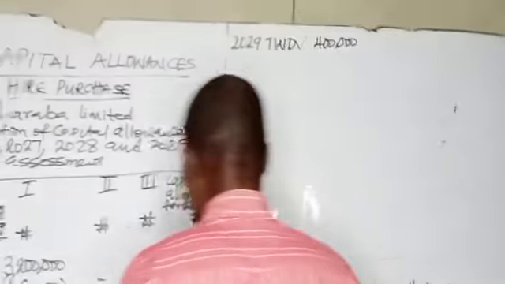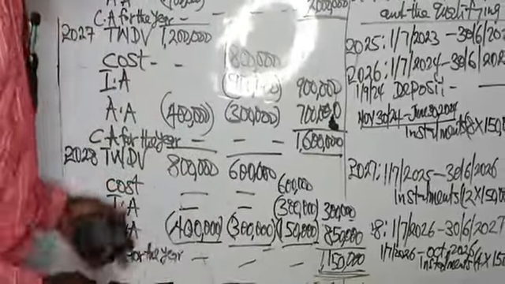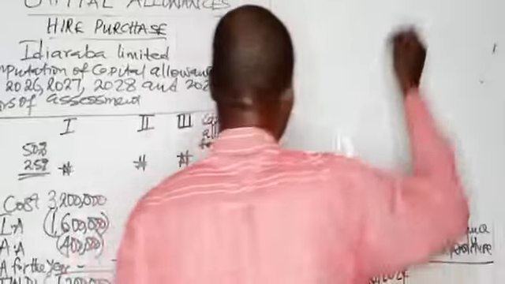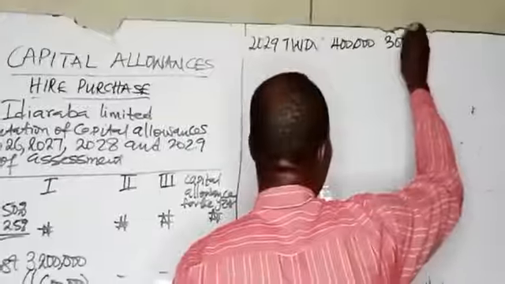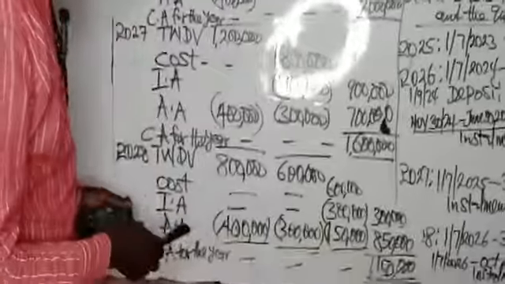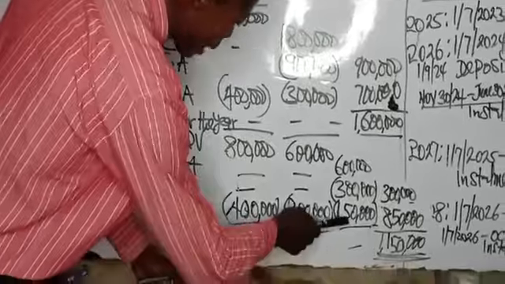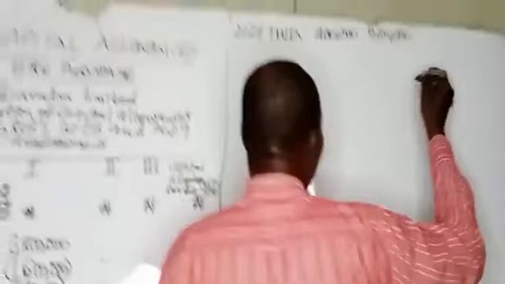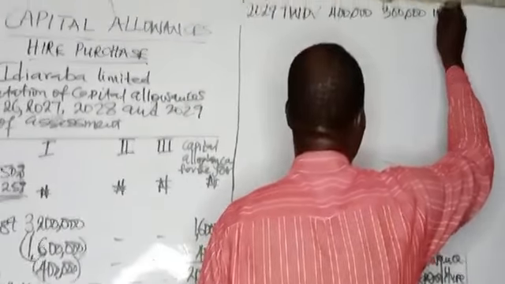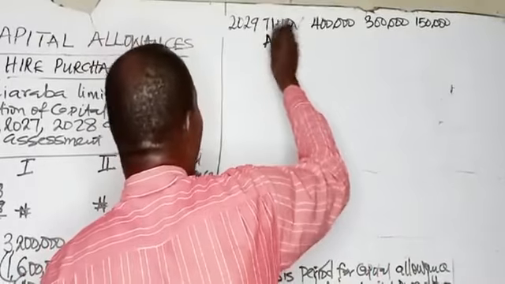For the second group, 600,000 minus 300,000, that will be 300,000. For the third group, 600,000 minus 300,000, that will be 300,000. 300,000 minus 150,000, that will be 150,000. So the tax written down value of the third group of assets is 150,000.